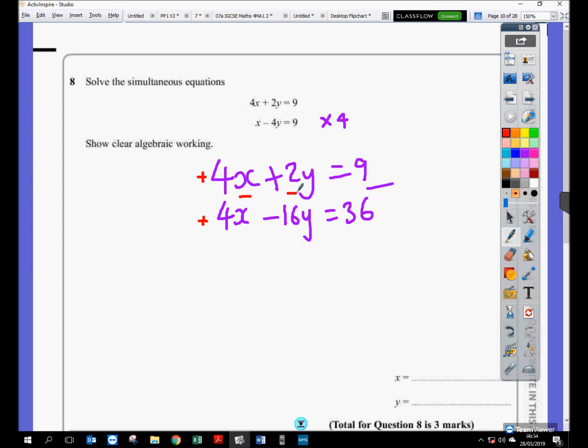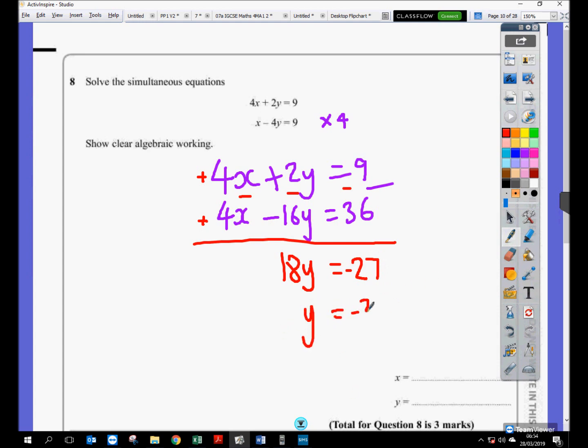And then, in fact, what I'm going to do is write minus in every section so I don't forget. So 4x minus 4x is bye-bye. 2y minus minus 16y is 2y, add 16y, which is 18y. And then 9 take away 36 is negative 27.